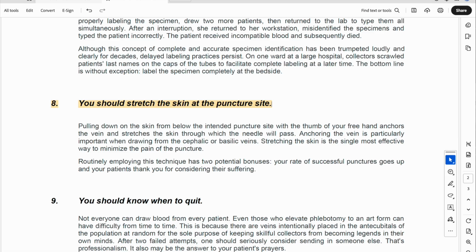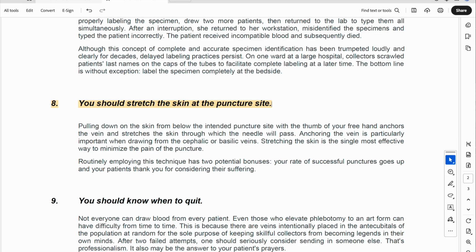Using your non-dominant thumb, pull the skin taut from below the intended puncture site. This technique is particularly important when assessing the cephalic or basilic veins, which tend to be more mobile. Stretching the skin is the single most effective method to minimize puncture pain.